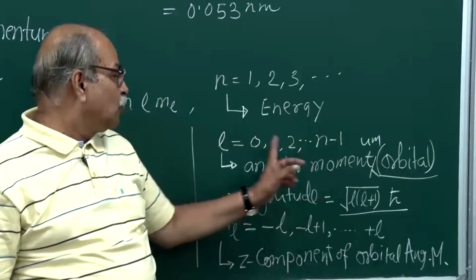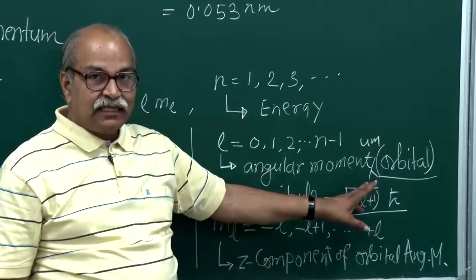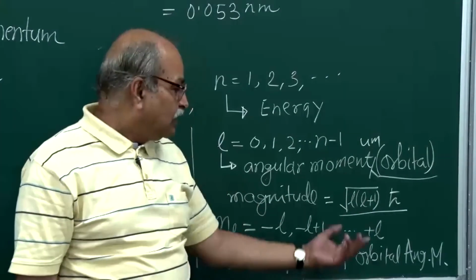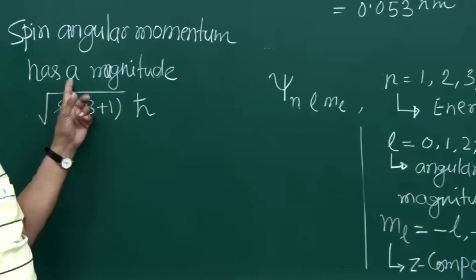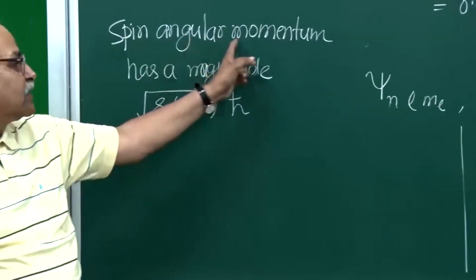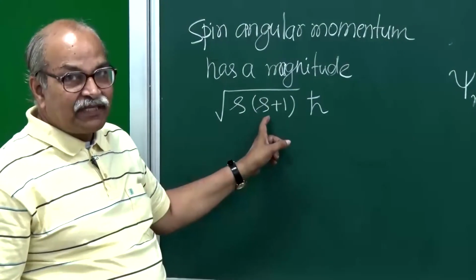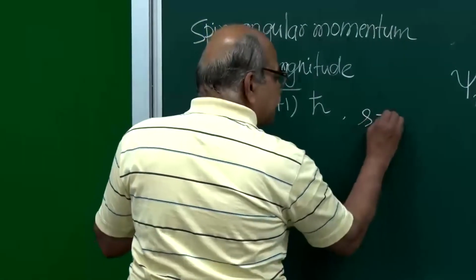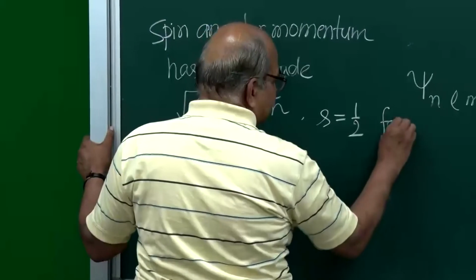It can be 0 or 1 or 2 and so on. It can have values depending on different conditions. In the same structure I am writing the magnitude of spin angular momentum as square root of s into s plus 1 times h cross, and this s has a fixed value. It is half for an electron.